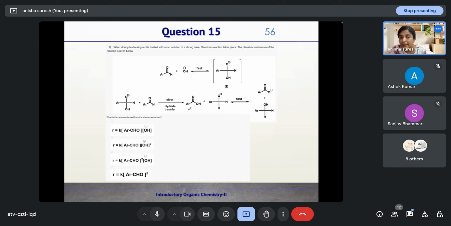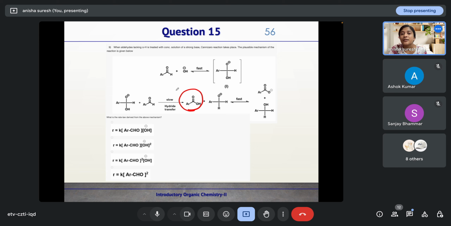Hydride transfer will take place, and it will lead to formation of this acid and alkoxide. Then the alkoxide can abstract the proton from this acid, leading to formation of this carboxylate and this alcohol. This will be alkoxide first.